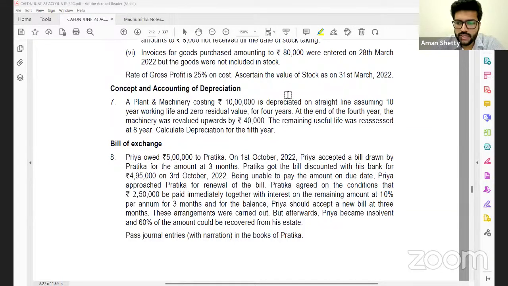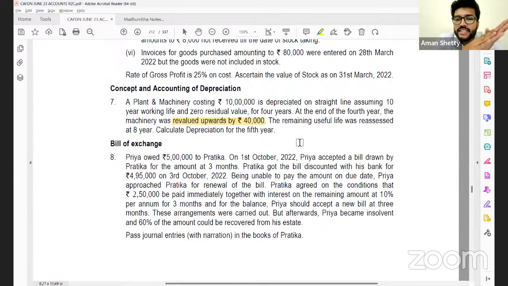A plant and machinery costing 10 lakhs is depreciated on straight line, assuming 10-year working life and zero residual value for 4 years. At the end of 4th year, the machinery was revalued upwards by 40,000. The remaining useful life was reassessed at 8 years. Calculate depreciation for the 5th year.